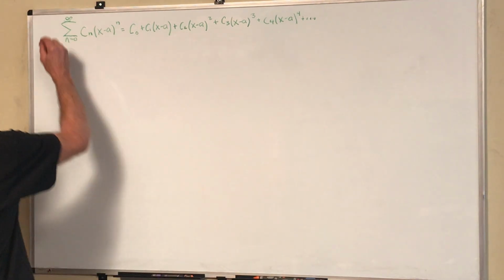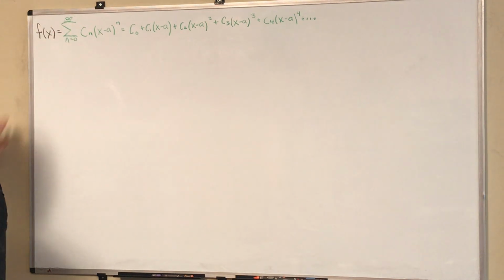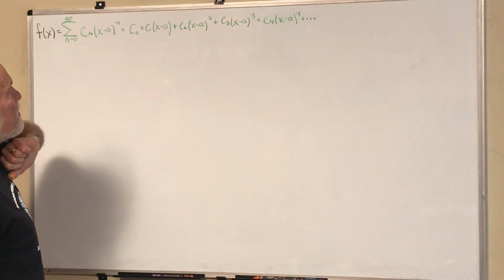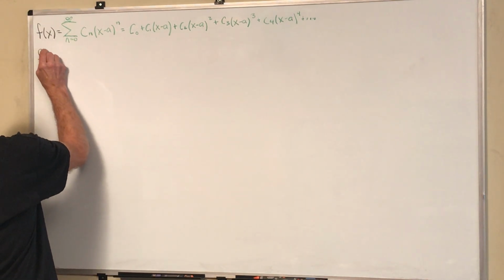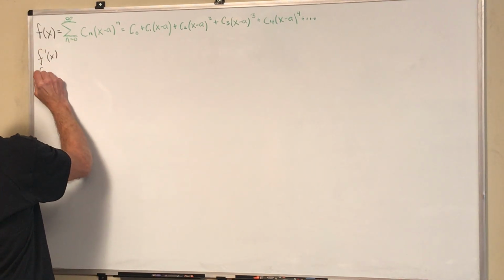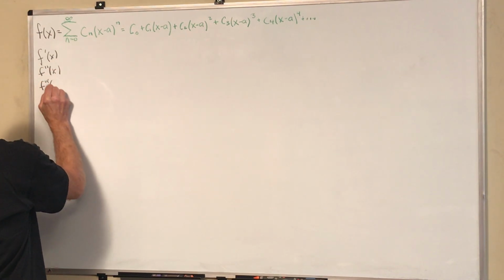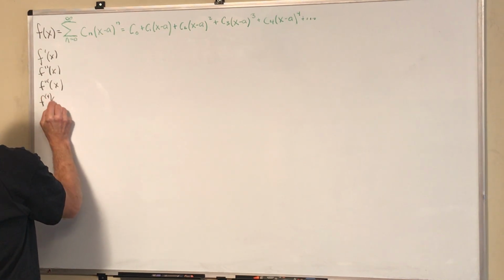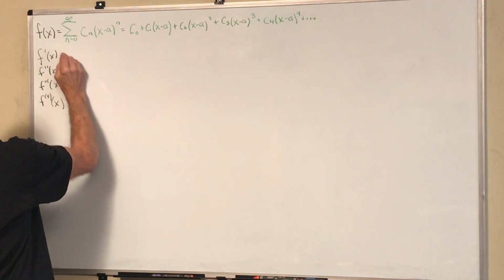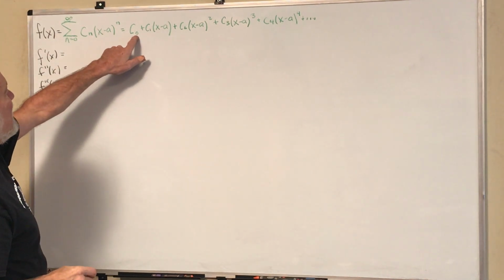So what we're going to do is let f of x represent that power series, and then I'm going to take some derivatives: f prime of x, f double prime of x, f triple prime of x, the fourth derivative of x. I think that might be enough. So what is the derivative of this side?